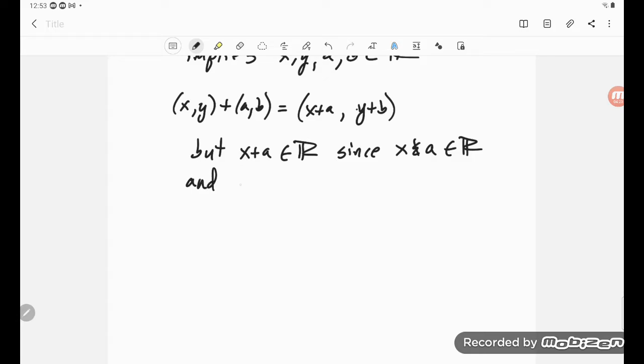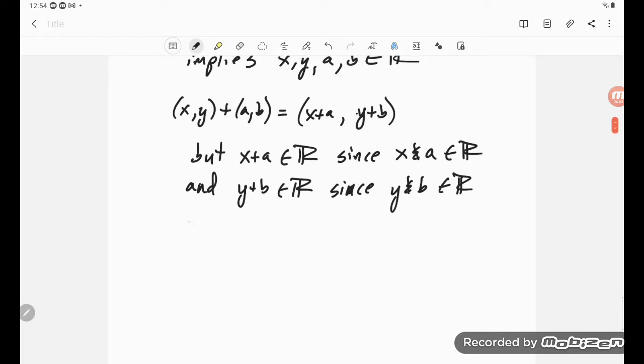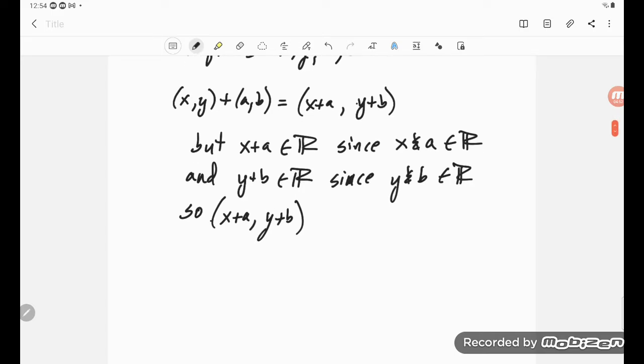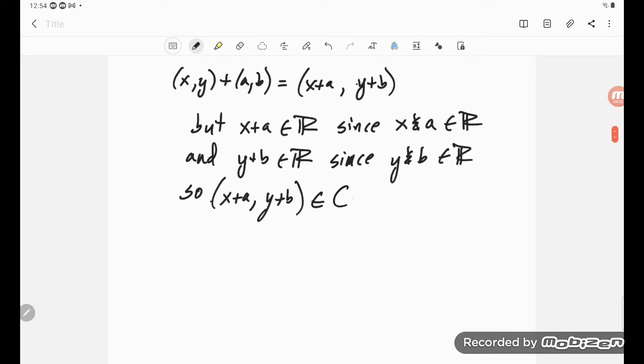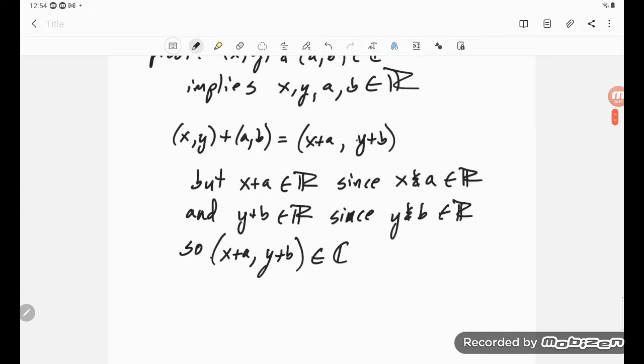And y plus b is an element of the real numbers, since y and b are elements of the real numbers. And so x plus a, y plus b is just an ordered pair where those are both real, and so it's an element of the complex numbers.